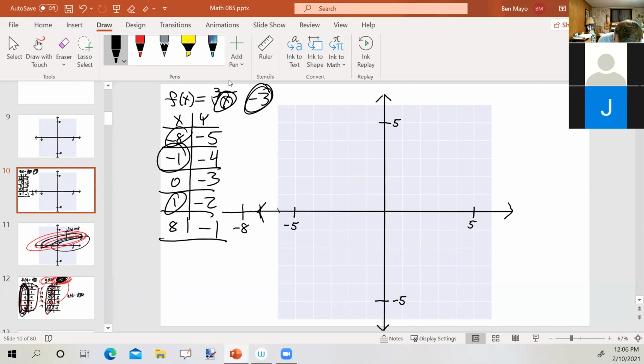So -8, -5 is going to be here. -1, -4 is going to be there. 0, -3, 1, -2, and then 5, 6, 7, we'll call that 8, -1. So our graph, if I can make a decent drawing of this thing.